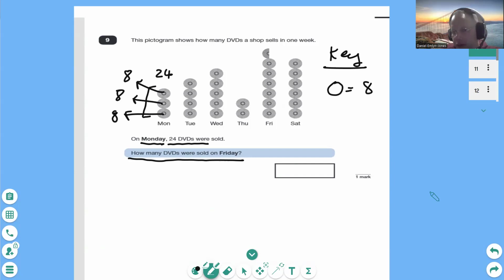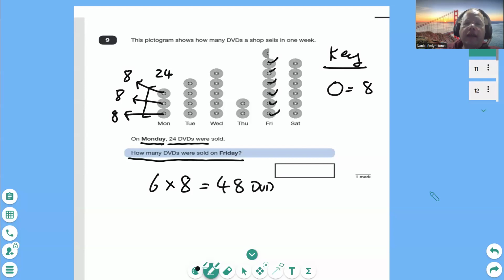And then we can go to the Friday and we can work it out because there are how many? There's 1, 2, 3, 4, 5, 6 DVDs. Okay, so 6 DVDs is going to be 6 times 8, which is 48 DVDs. But then there's half a DVD as well.